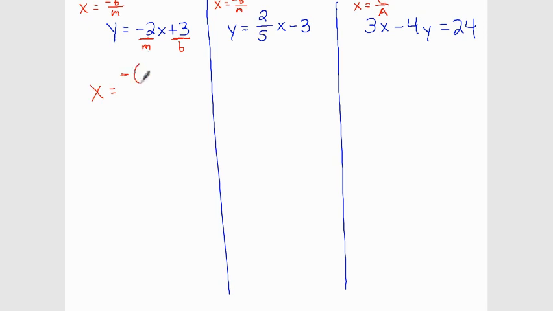And then a positive 3, okay? And then we're going to divide by our m value. Sorry, I might have said negative b. So negative b, correcting it for the record just in case I misspoke, divided by m, which is a negative 2. And then all we have to do is simplify. That's plus, since a negative divided by a negative is a positive, and we get 3 halves.